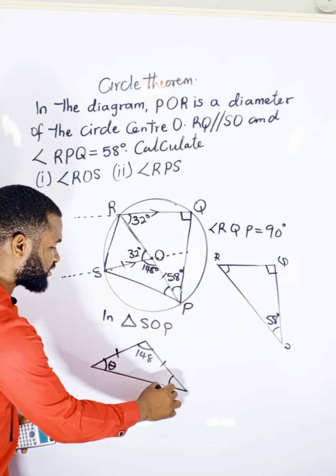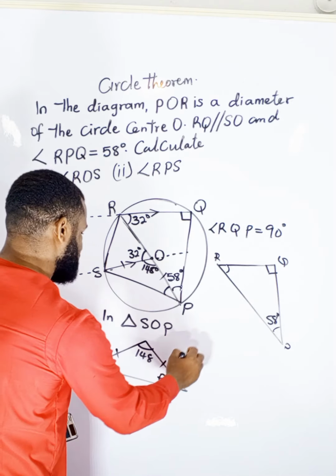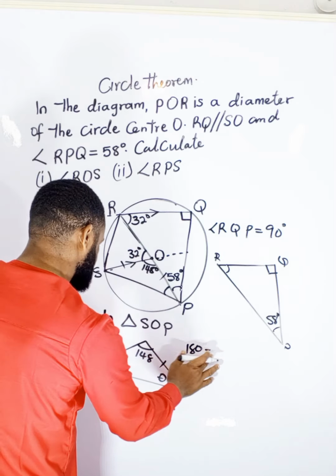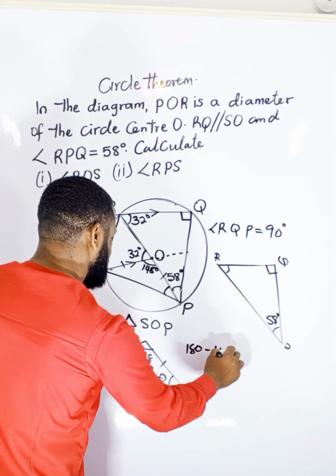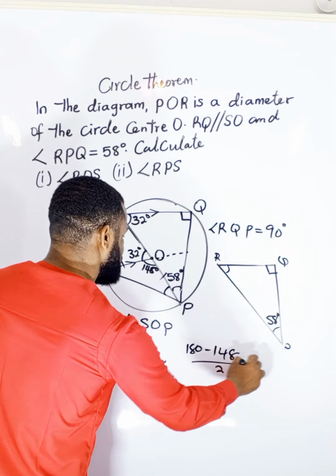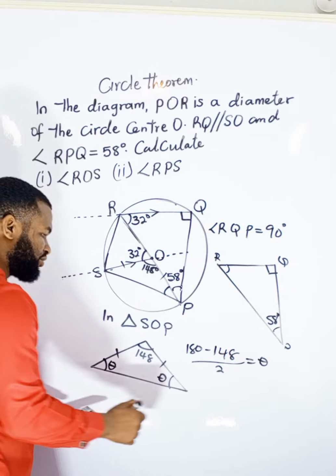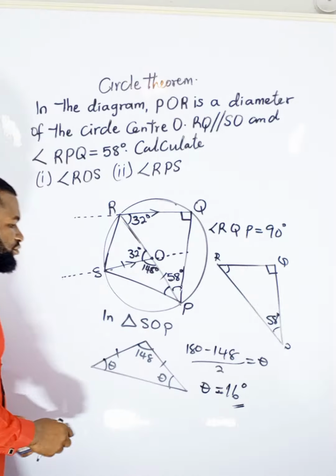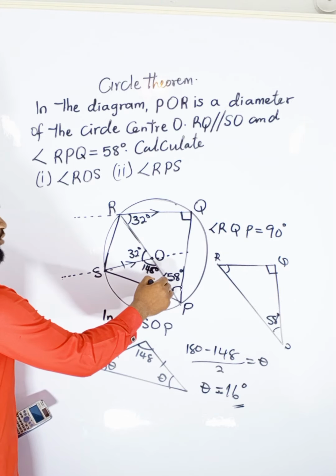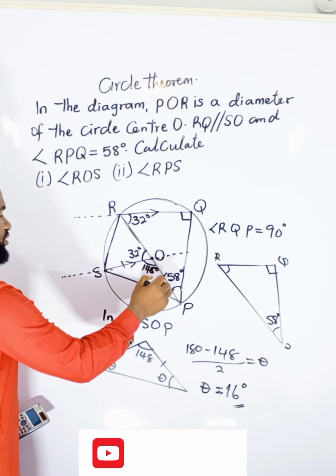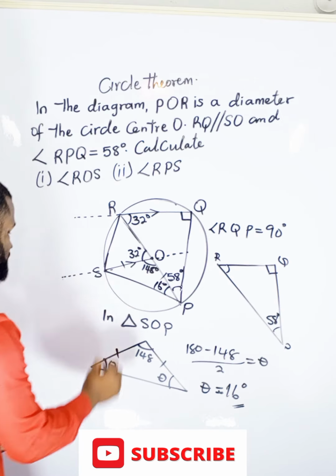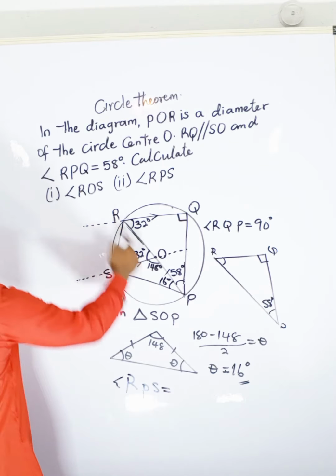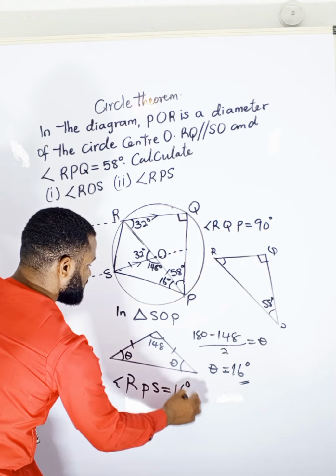I can call this theta, and I can call this theta. Therefore, 180 minus 148, divided by 2, is theta. And theta is going to be 16 degrees. So this place, which I call theta, is 16 degrees. Therefore, RPS is going to be 16 degrees.